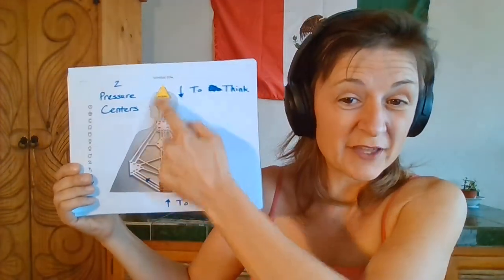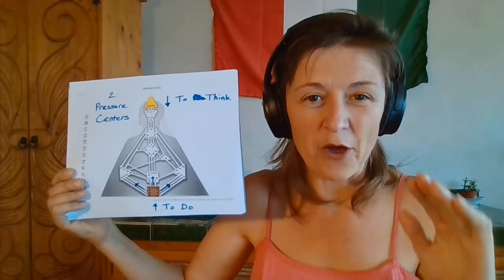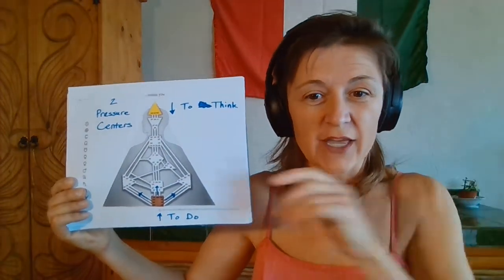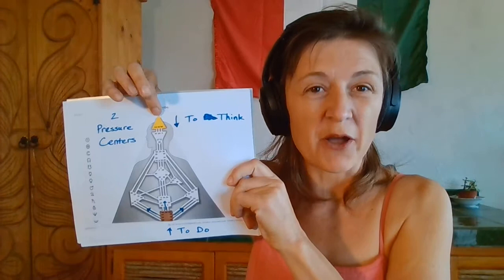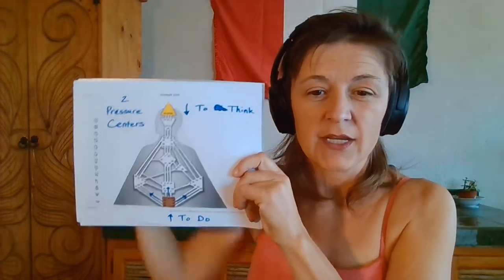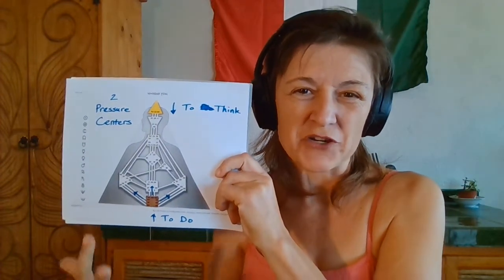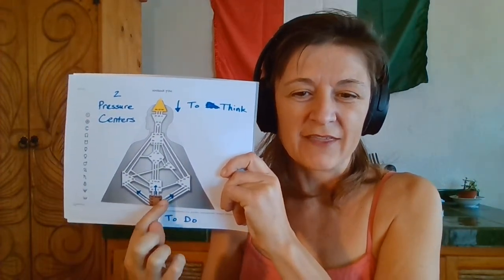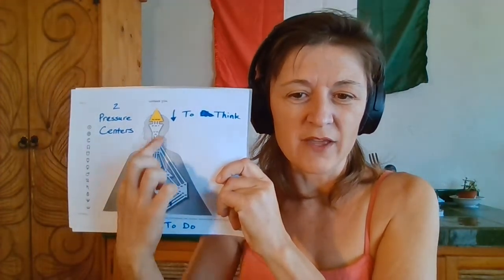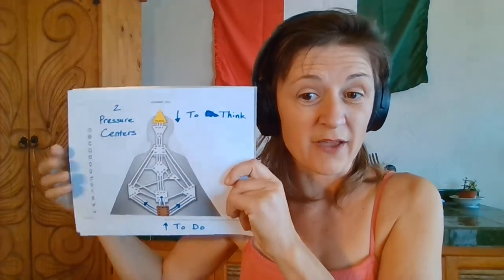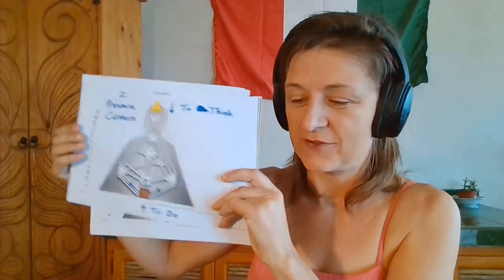And 2 of them are just about pressure, okay? This top center, it's about the pressure to know things. And this pressure center, it's about the physical pressure of doing things. That pressure is going this way and up these different routes, and this pressure is going this way, okay? 2 pressure centers.